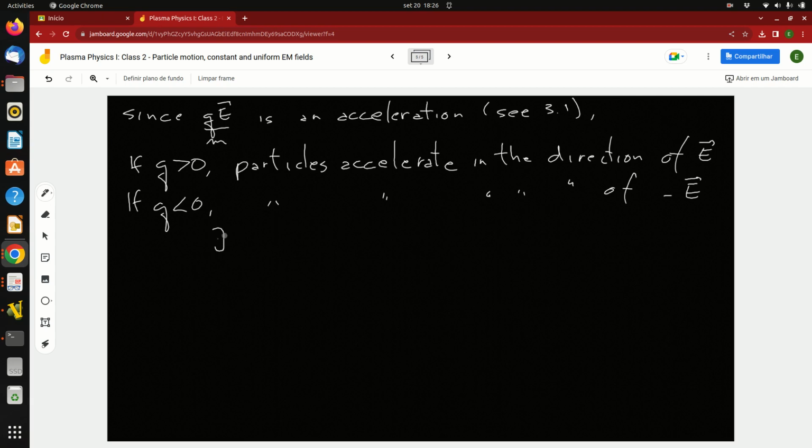And there is no acceleration perpendicular to E. Okay? So this is simple motion in the direction of the electric field.